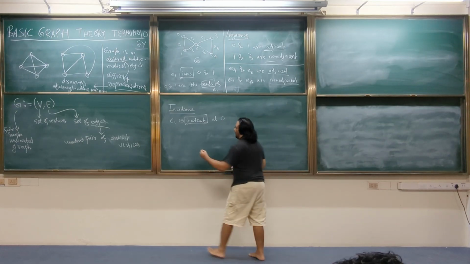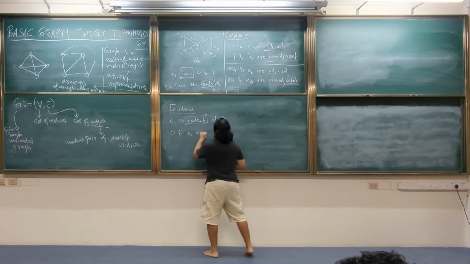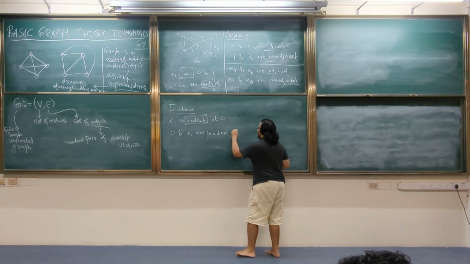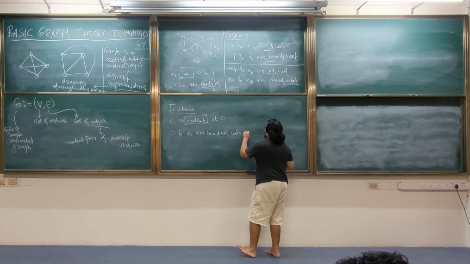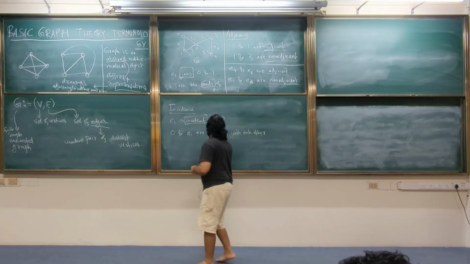Or I might just say 0 and E1 are incident. I personally prefer this, but I think both are okay. 0 and E1 incident with each other. That's common.